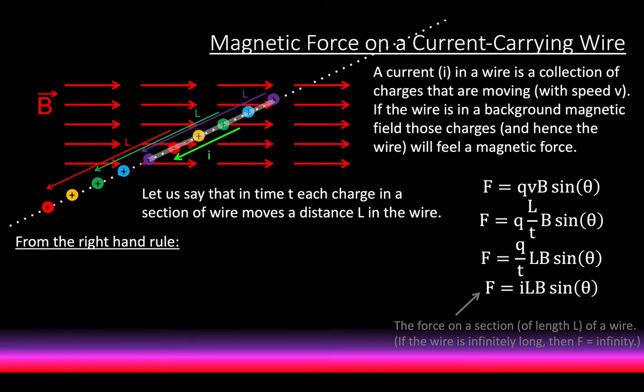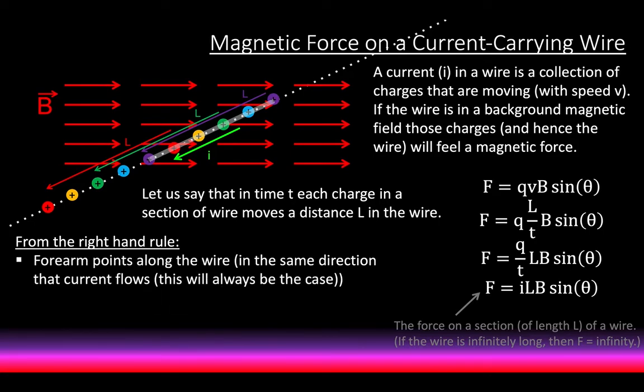Now, from the right-hand rule, we could determine what direction the force on these charges is going to point. Basically, the right-hand rule is the exact same technique as I described in a previous video, where the forearm will point in the direction of motion. Well, the direction of motion of charges, direction of V, is going to be the same as the direction of the current. So my forearm will point in the same direction as which the current is flowing.